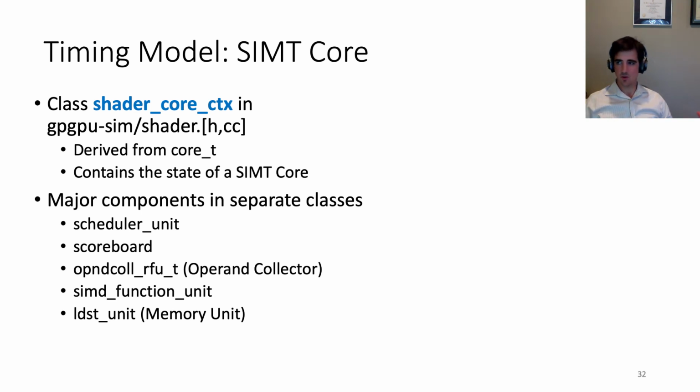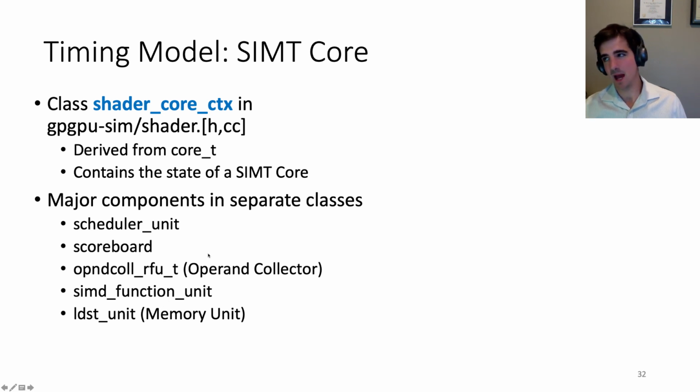Now, this is the overarching core that owns all of the components, but inside of these files, there are several separate classes that define each of the major components inside the SIMT core. The scheduler unit is its own class, which figures out what the issue logic is for your core. There's a class that implements the scoreboard.